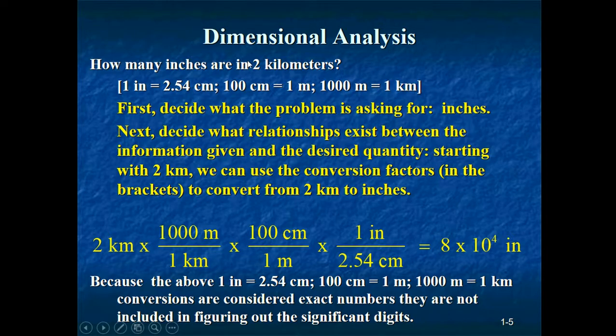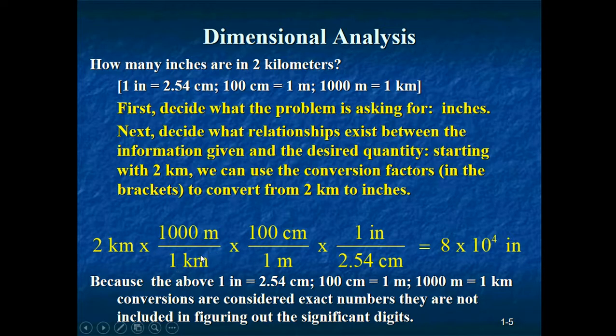All right, so let's see. We're going to go from 2 kilometers to inches. We don't have a way to do it directly. But we can go from kilometers to meters, from meters to centimeters, and then from centimeters to inches. So here we go. We're going to start right here, 2 kilometers. We have to get kilometers to cancel out, so we're going to put 1,000 meters over 1 kilometer.